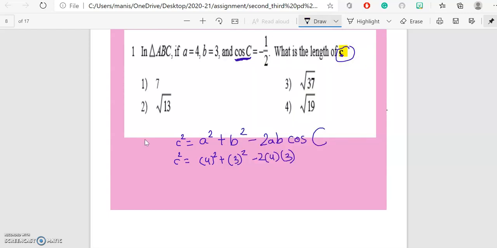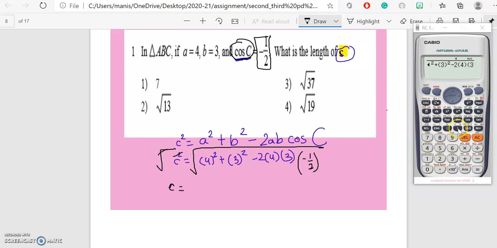What is the value of cosine c? It's not saying c. Cosine c is negative 1/2. So I will replace the whole cosine c by negative 1/2. After this step, I will take the radical on both sides. So this will be cancelled out, and I want to find the value of c. So I will type all of these values in the calculator to find my answer.